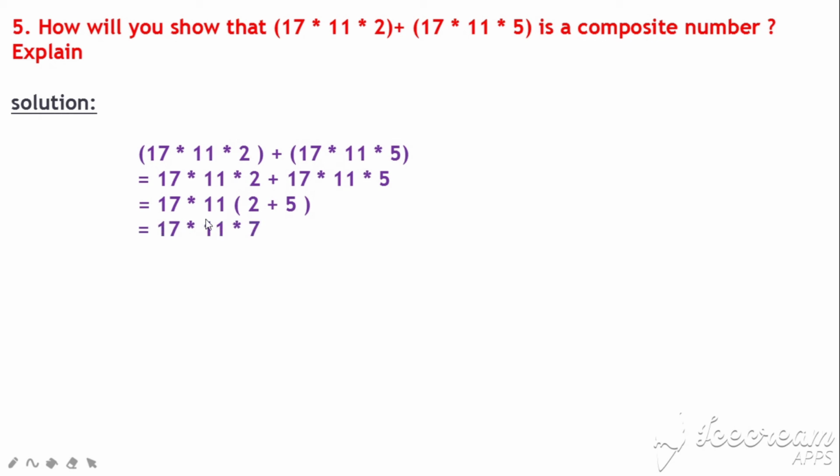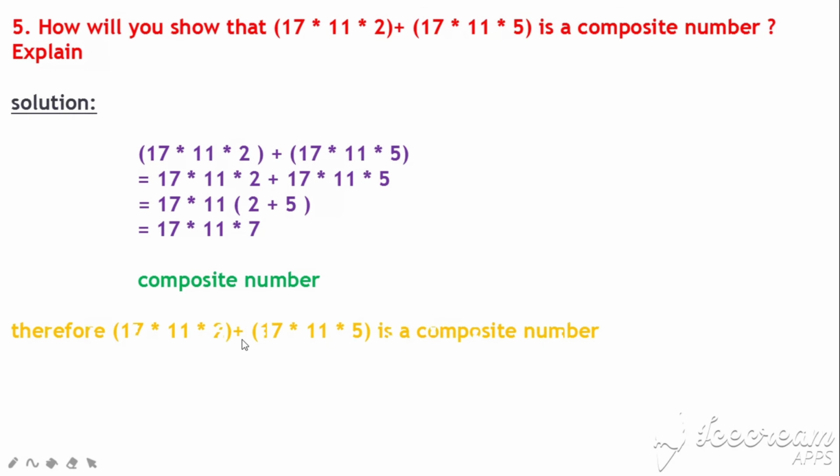So I get 17 into 11 into (2 plus 5). What is 2 plus 5? It is 7. So 17 into 11 into 7. This is a composite number because other than 1 and itself there are some factors. Therefore, the given expression is a composite number.